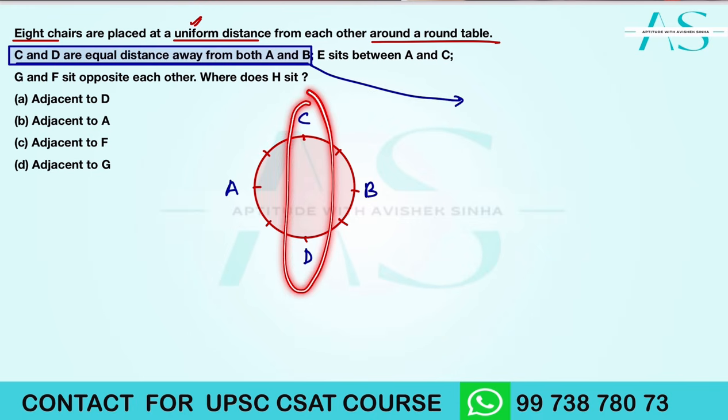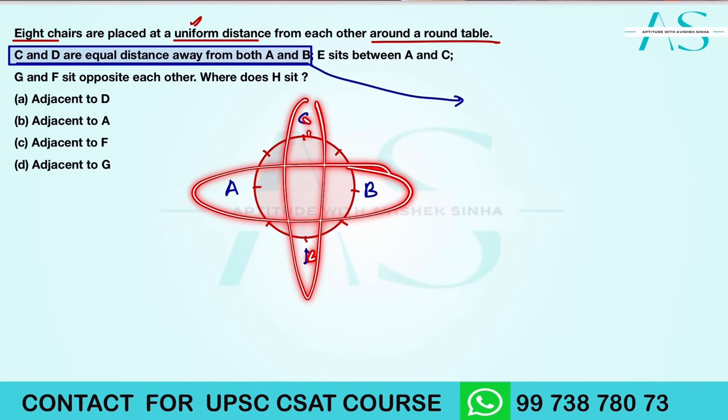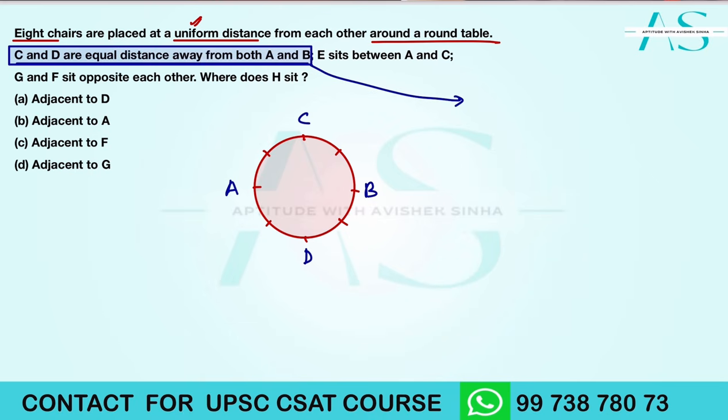So both of these elements are equal distance from 2 other elements. This is only possible when these two are opposites. The pairs are opposites to one another. तो ये opposite pairs की बात करता है, ध्यान रखना. Because if I just think on these things, तो मेरा time waste हो रहा है. I have to be smart here. Looking at this part, I can quickly say that okay, these four are opposites.